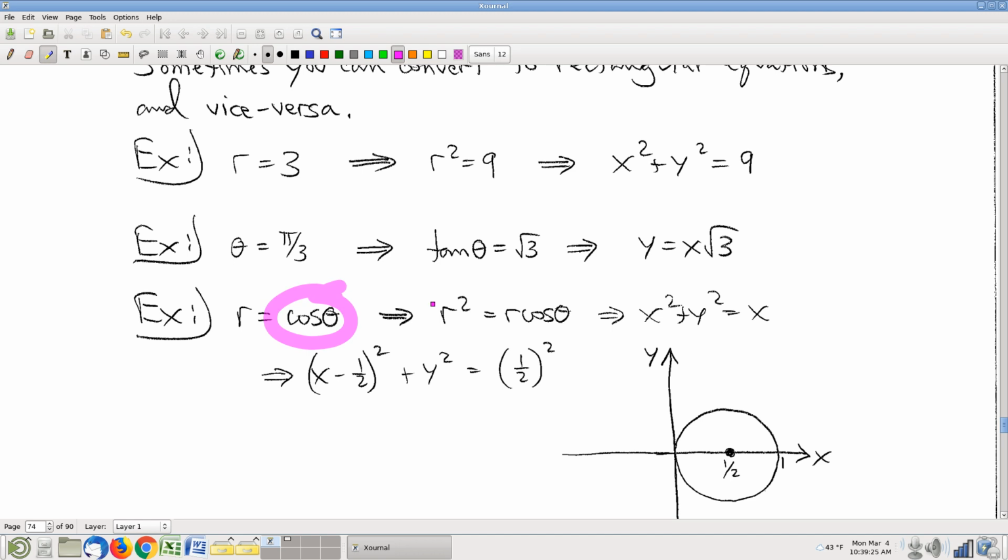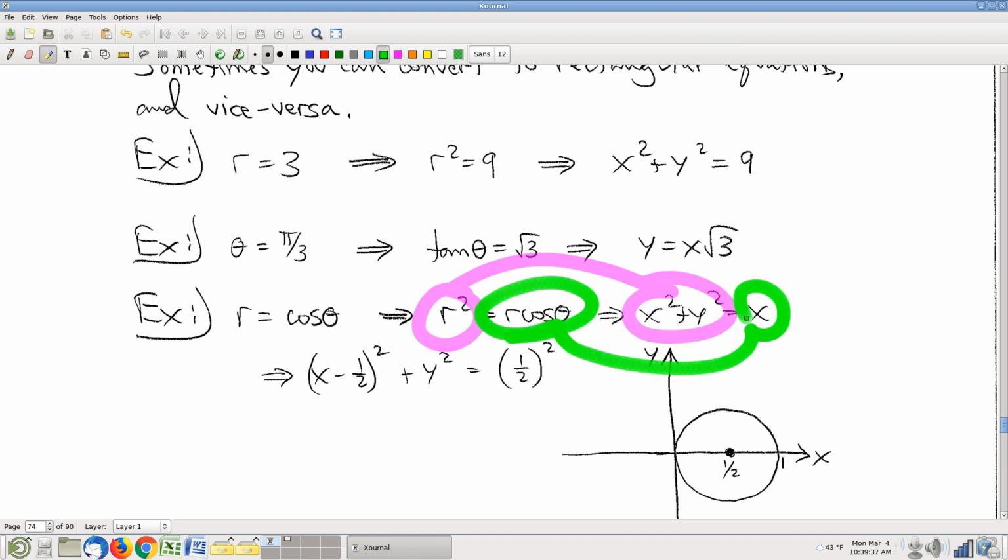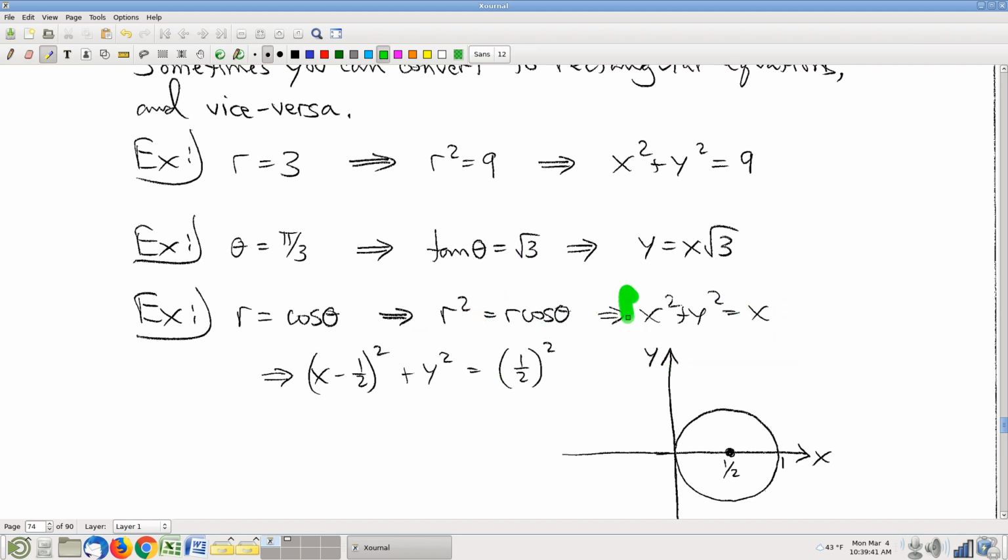That's not something that we easily know how to relate to x and y. So, clever variation, multiply both sides by r, and that turns into something familiar, and that turns into something familiar. And now you've got an algebraic foot in the door. We're in rectangular coordinates at least.